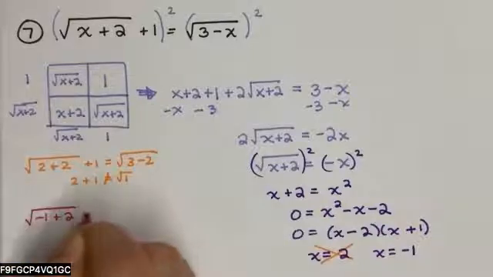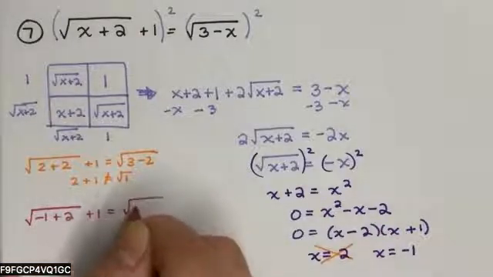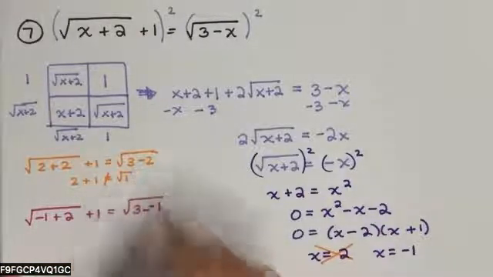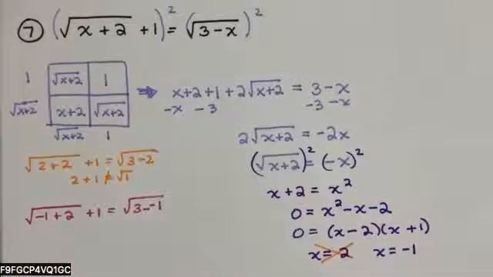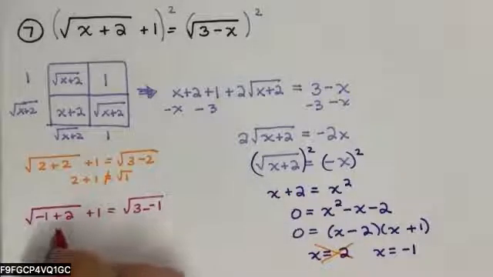-1 plus 2 plus 1 equals the square root of 3 minus -1. All right, well, -1 plus 2 gives me 1.